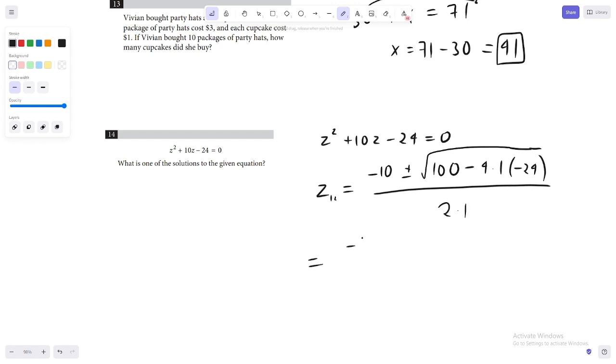Solving it, we get minus 10 plus or minus square root of 100 minus 80. I think that's minus plus 96.